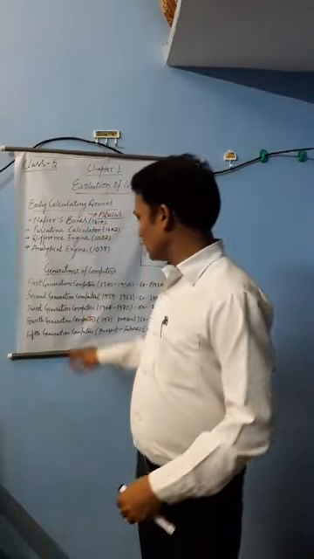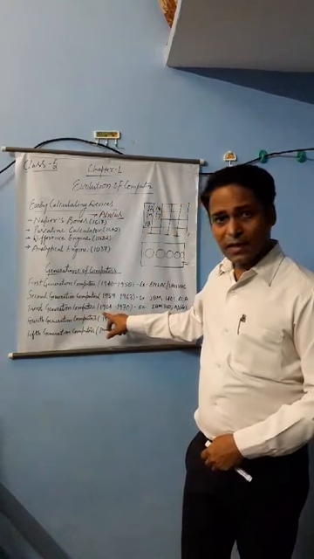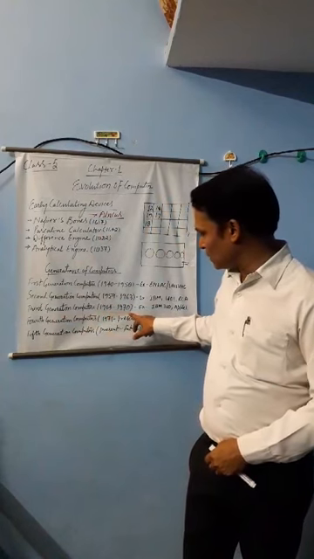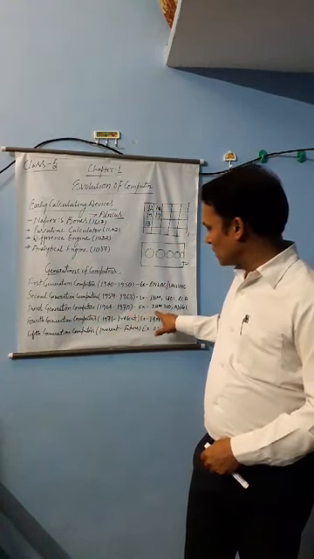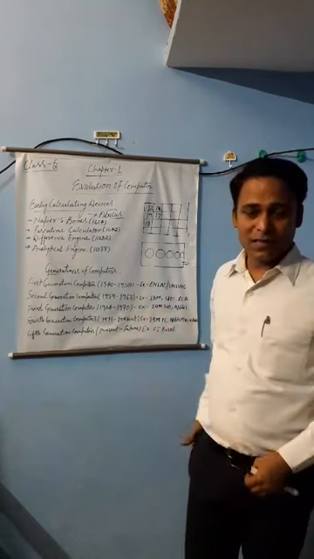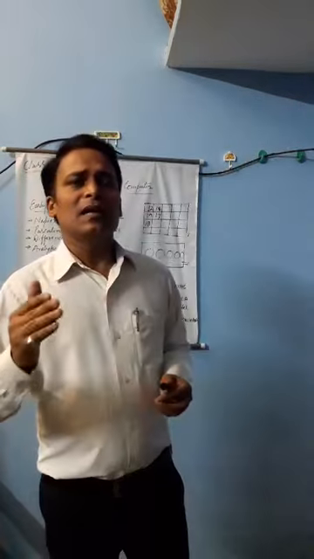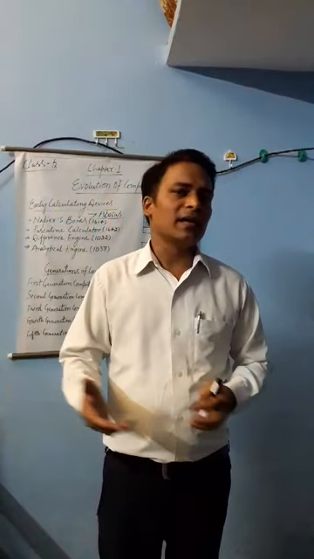In the third generation, the dates are 1964 to 1970, and examples are the IBM 360 and Apple I. These were computers of the third generation. In the third generation computer, we find the IC instead of transistors and diodes.